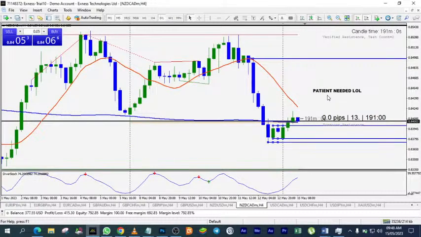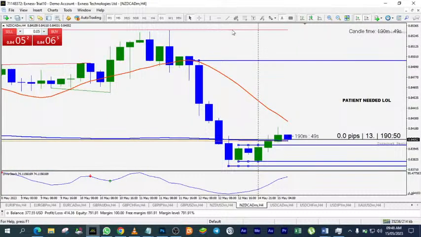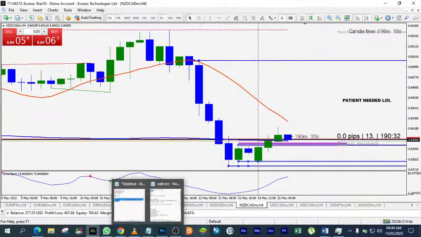But all levels have been broken. We have this, and interestingly, I also see what I normally would call my change of character, because that happened around here. So it's a good buying opportunity for me.